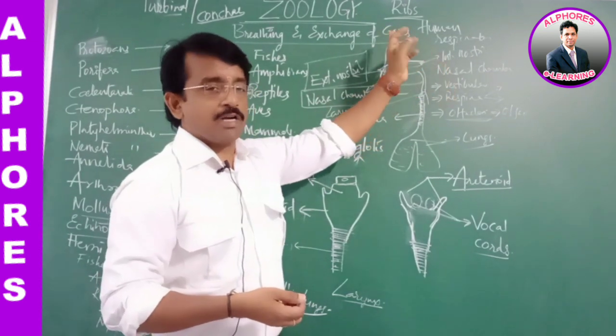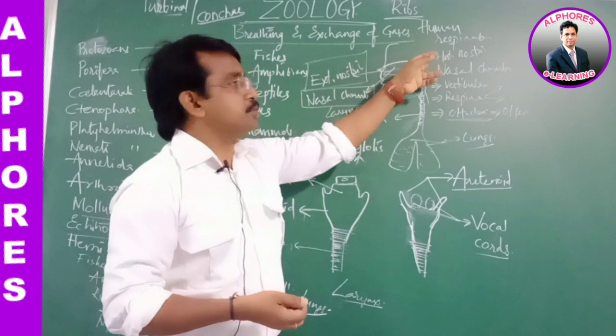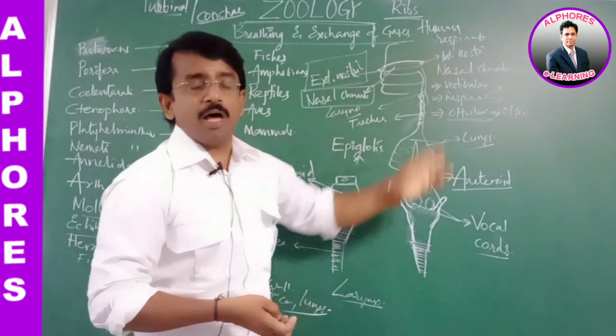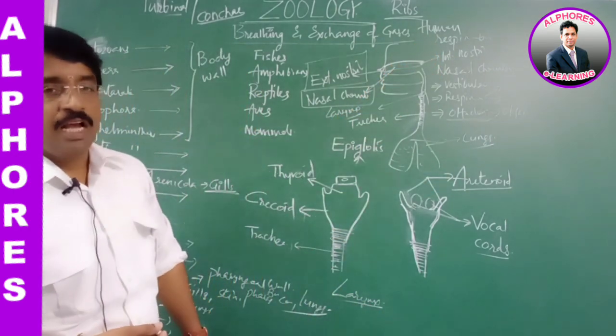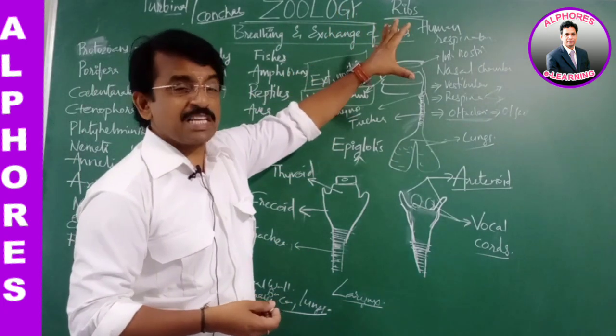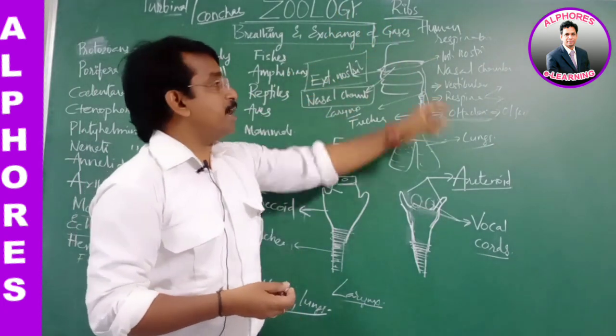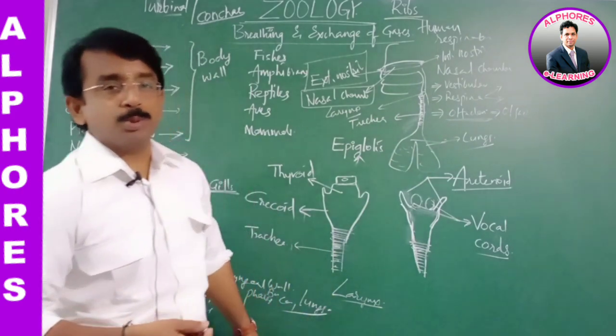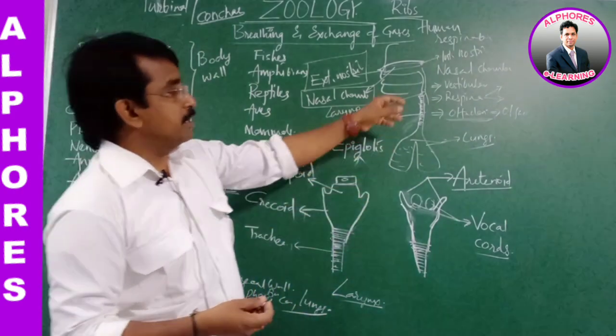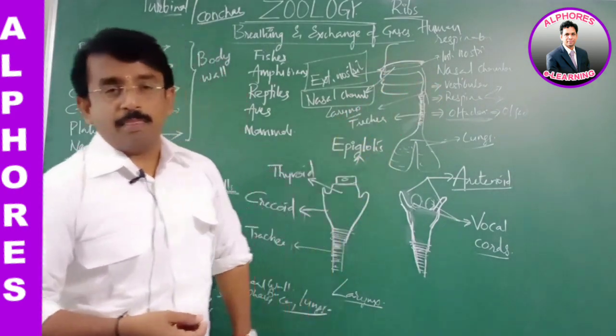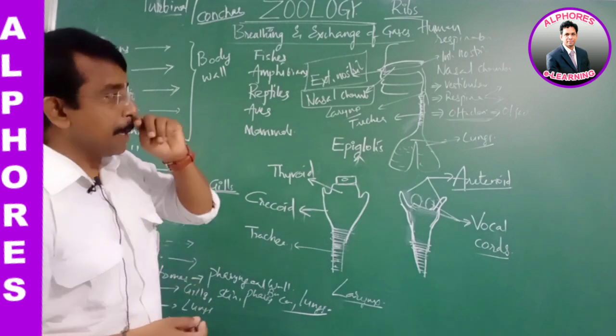The nasopharynx leads into the oropharynx, and the oropharynx leads into the laryngopharynx. That's the passage we see. The pharynx leads into the larynx.